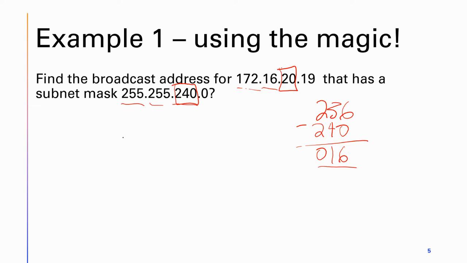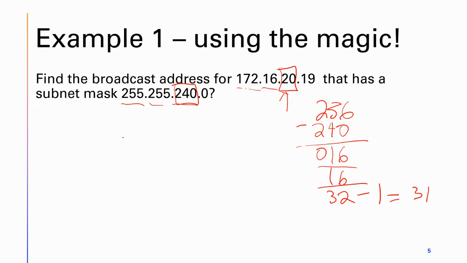The magic number we've gotten here is 16. So we need a number that's just greater than 20, but it has to go up in multiples of 16. So let's add another 16. That gets us to 32. We're happy with 32. Then we subtract 1, and it's 31.